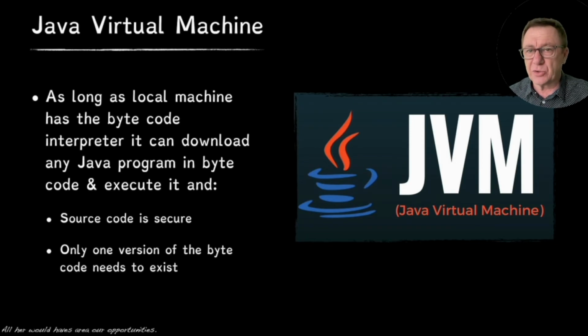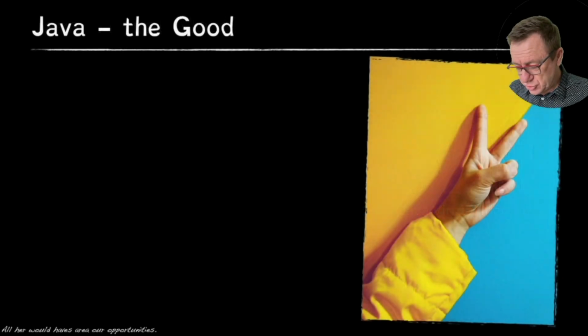And the same onto Linux, and you can imagine all the way around on those things. So we say the source code is secure because we've compiled it, we've kept it safe, and we've got our machine working. It also means that only one version of the bytecode actually needs to exist, because we can use that version of the bytecode and run it on any machine that has the Java virtual machine on it.